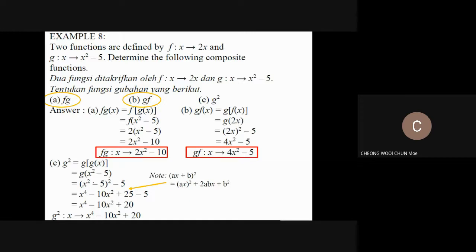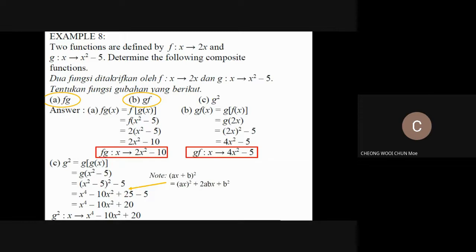So we look at this situation. x squared to the power 2 is x power 4. Negative 5 squared is positive 25.